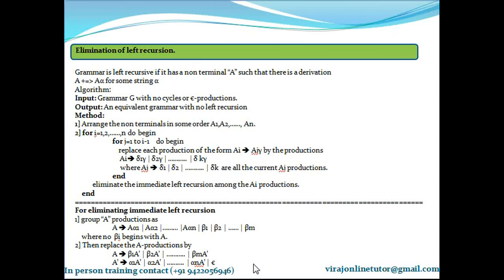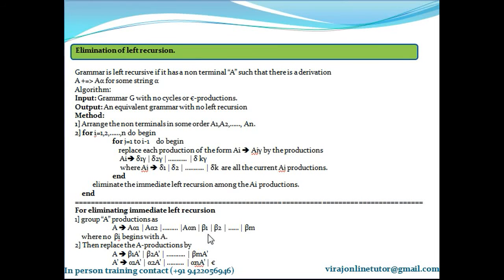So this is the formula for eliminating direct left recursion. How to eliminate direct left recursion? First you group all the productions which start with capital A, and then you group all the productions which do not start with capital A. And you replace all these productions with this formula.